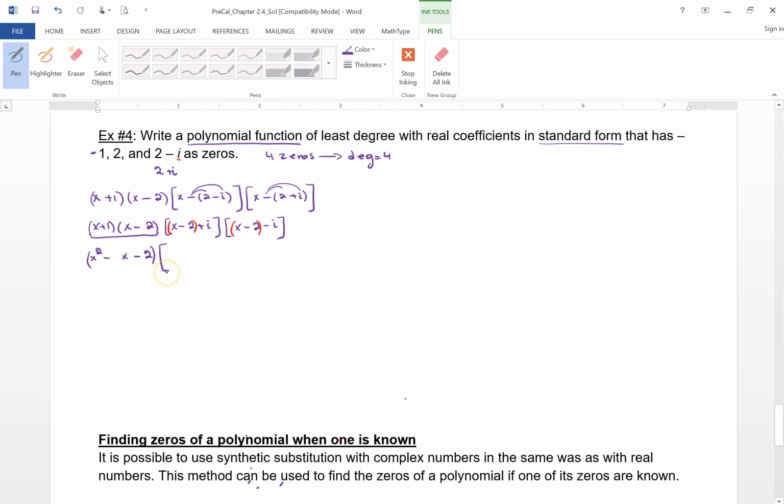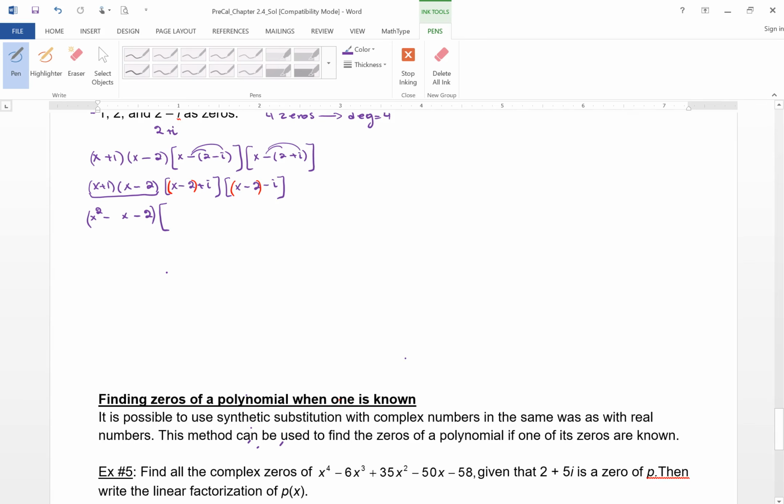Now here, why did I group them the way I did? It wasn't just for fun. It's because now I've created something plus i, something minus i. So it's just like if I had x plus 3, x minus 3.